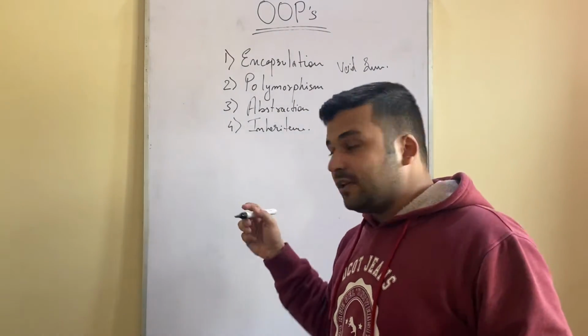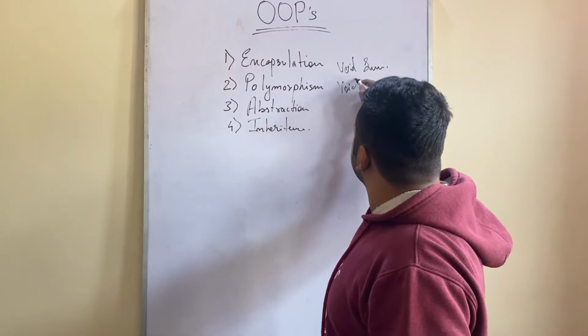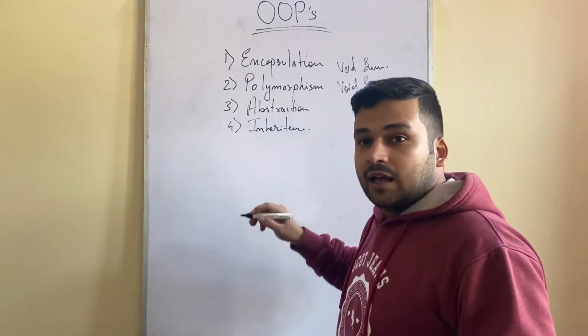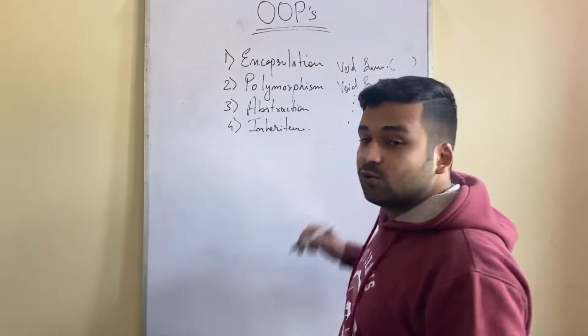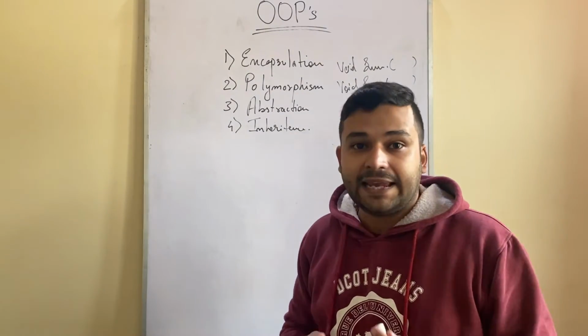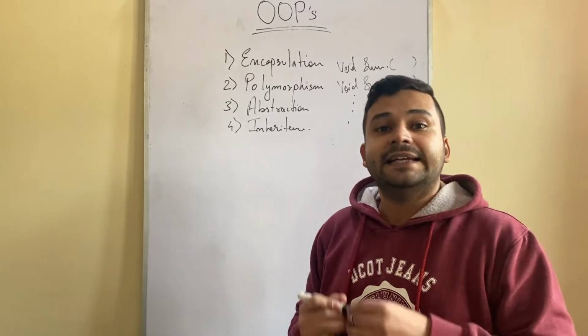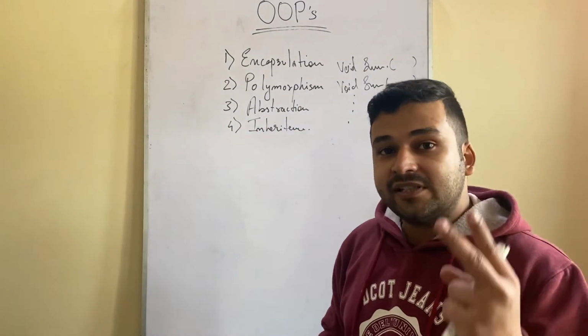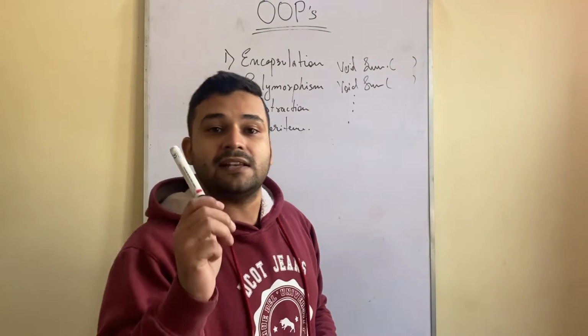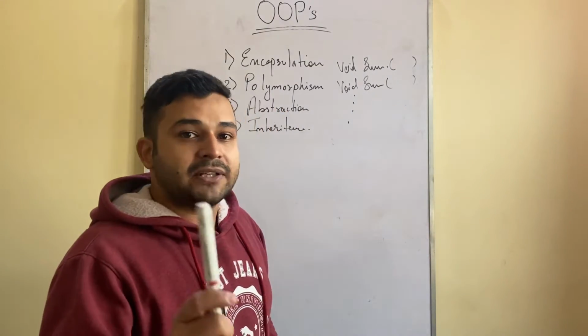I can use the same method name, sum, again with different arguments. Arguments means parameters, and we'll discuss them in detail in further videos, but this is how polymorphism works. It has 2 major components known as method overloading and method overriding.